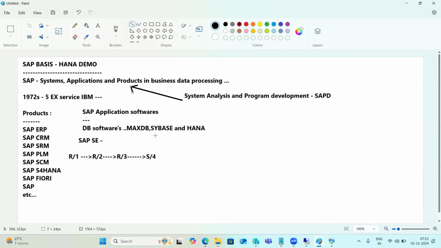That's why many customers worldwide use the SAP application for their businesses.